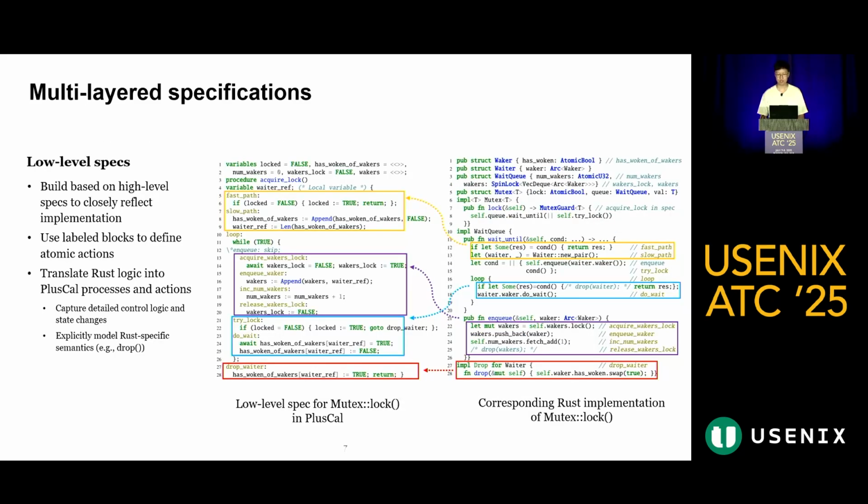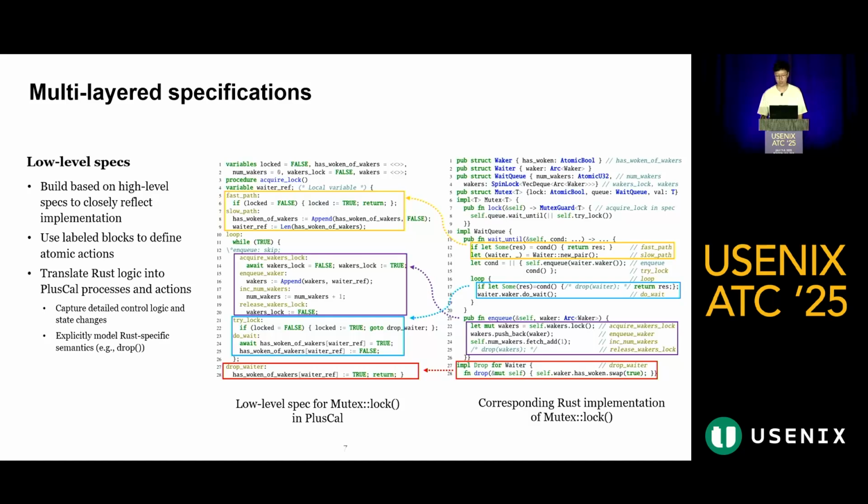After high-level specs, we build low-level specs that closely reflect the implementation. These are written by translating Rust code into PlusCal. Since PlusCal has an imperative syntax, the translation is relatively straightforward for programmers. We model key operations such as atomic actions using labeled blocks in the spec.